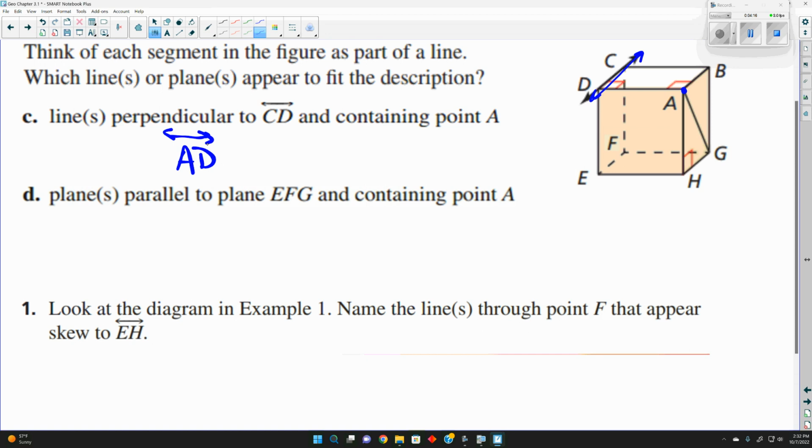The next part, planes parallel to EFG and contain point A. So EFG, we're talking about this plane down here. We want one that's parallel to it and contains point A. So plane ACB. I mean, we could name it differently.